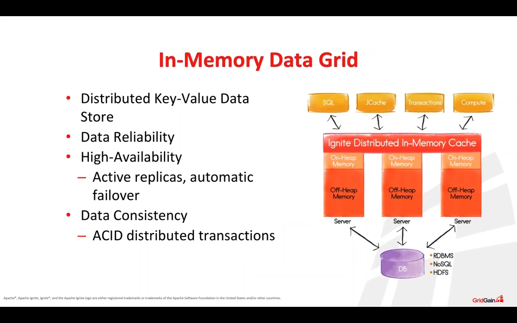You can think of it as a distributed hash table, where every key belongs to a specific distributed node. And when you want to get a key, or when you want to update the value for a specific key, you will work with a specific node located in your cluster.